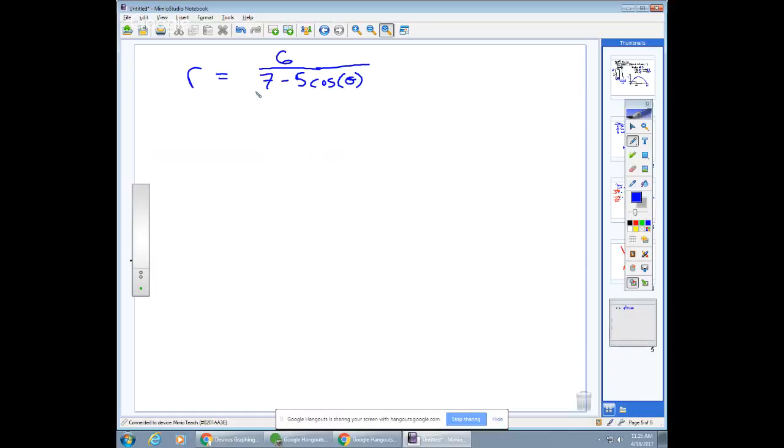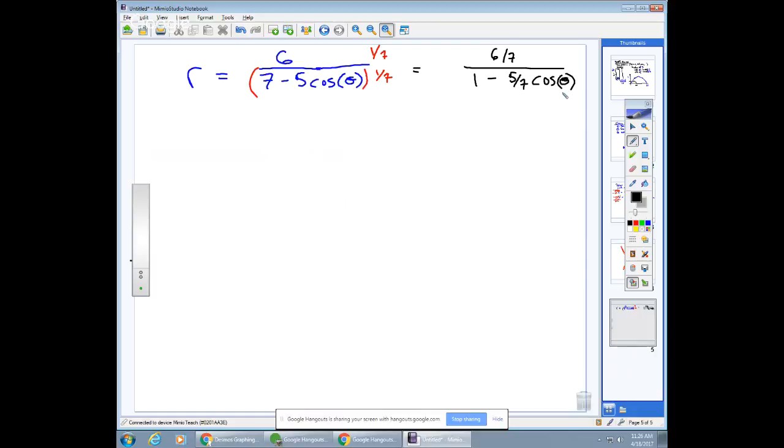One thing I'd like to do here is factor out that 7 from the denominator, or we could multiply top and bottom by 1/7, which is a little easier algebraically. So if I do that, then I could also think about this conic as being equal to 6/7 divided by 1 minus 5/7 cosine theta.